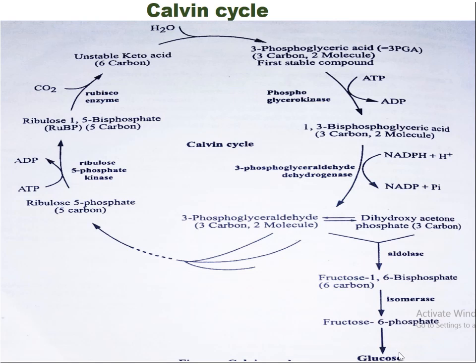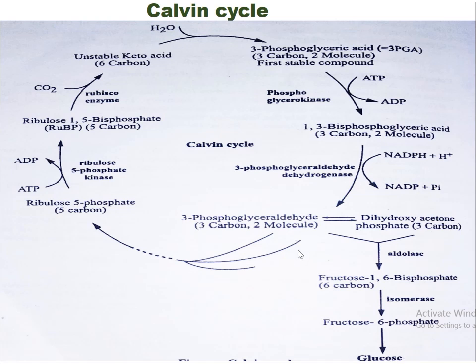This conversion is a series of consecutive reactions. So this phase of the Calvin cycle is the synthesis of carbohydrates, that means glucose.